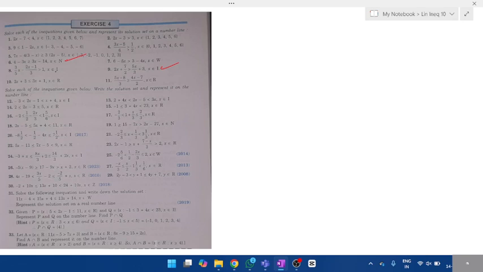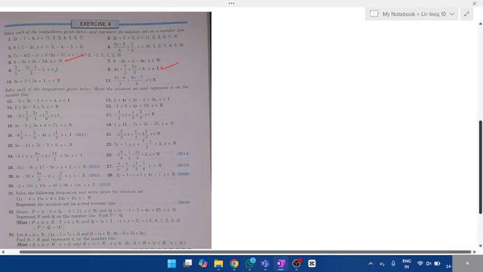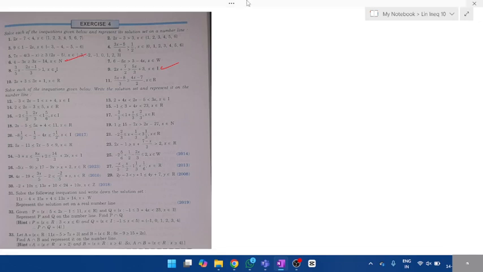We'll solve a few questions from this. Can you all see the screen, all of you? Okay, rejoin. Solve a few questions, then later we'll start. I'll solve the test paper.